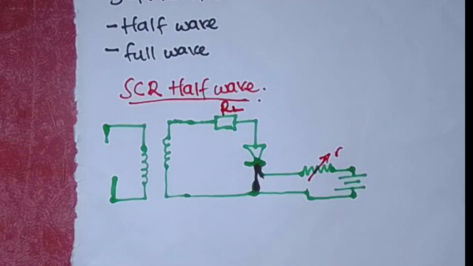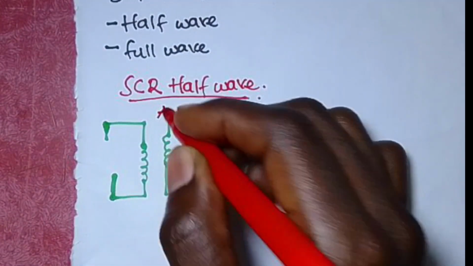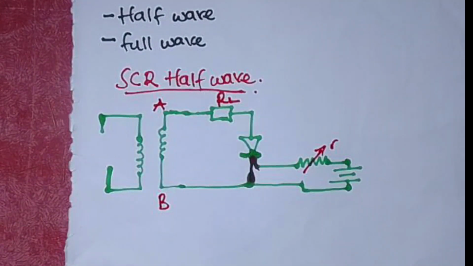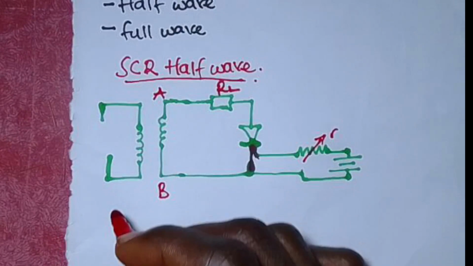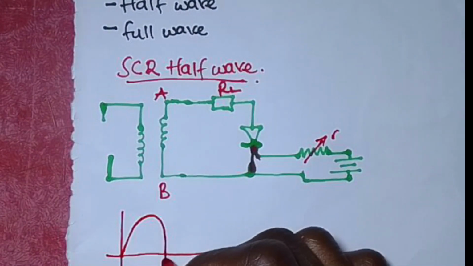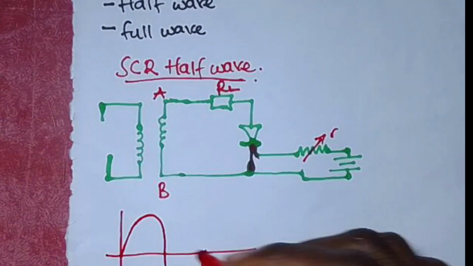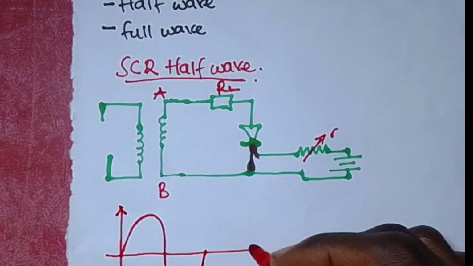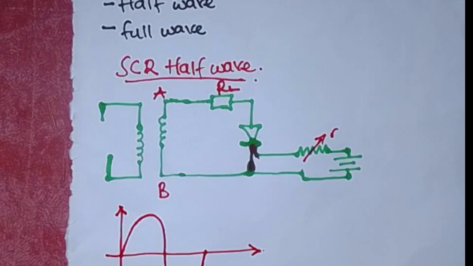To explain this is simply the same way we have been explaining, maybe assuming we have end A and this is end B. You explain it the same way we explain a half-wave rectifier of a diode. For example, during the first half cycle, remember we're having an AC input as follows. If this is an AC input, we expect to have a DC output.